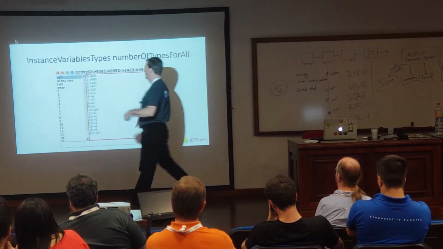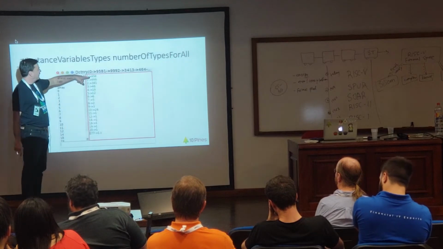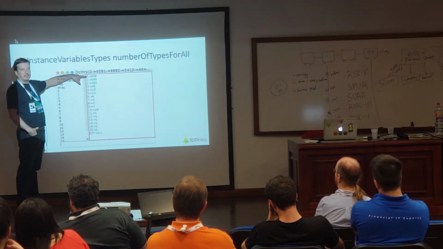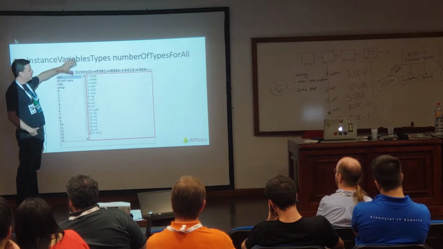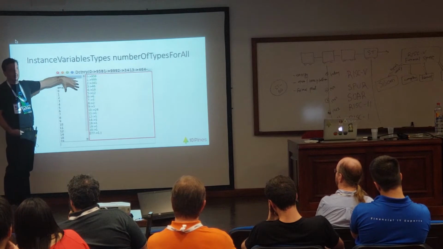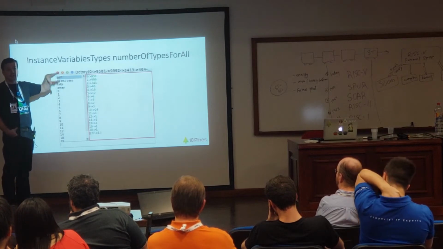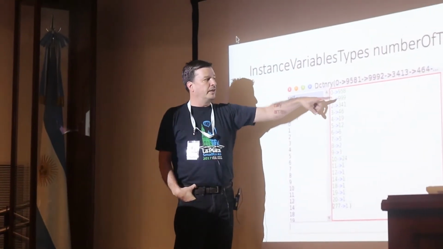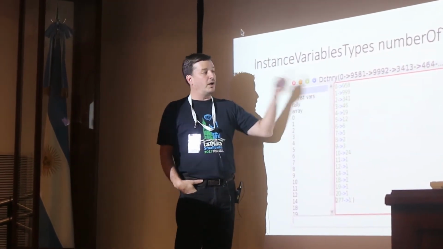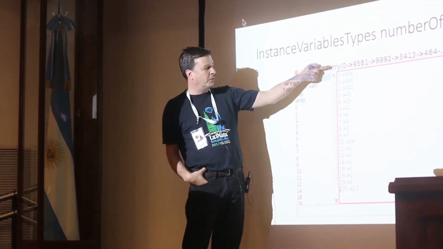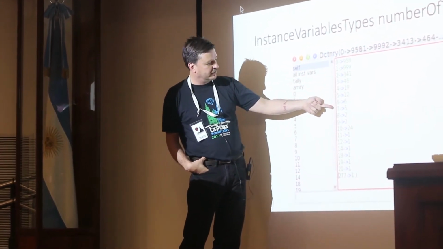What this says is that there are 958 instance variables that have never been assigned. This is on the Quiz image, when I run all the tests that come with Quiz. There are 999 with one type, 341 with two types, and then we see this decreasing a lot.